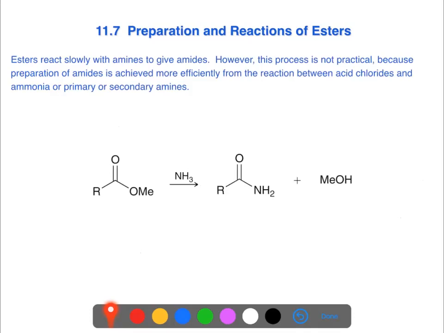Now we can react esters slowly with amines to give amides. However, this process is generally considered impractical. And that's because it's much easier to make amides from acid chlorides using either ammonia, a primary, or secondary amine. Nonetheless, in the presence of ammonia, we could convert an ester to an amide, albeit it'll be a very slow process.